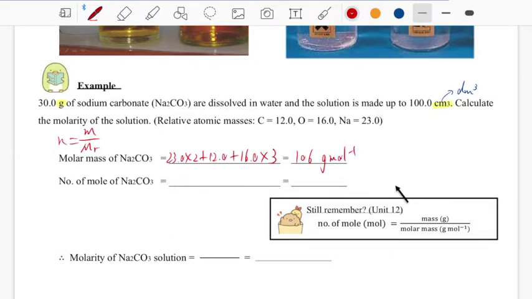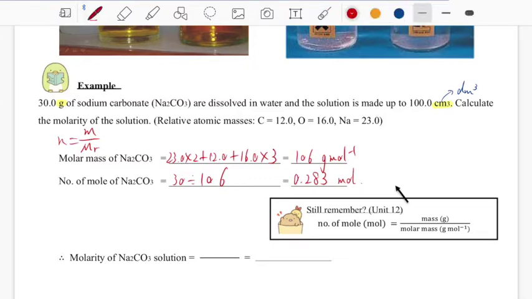So the mass divided by the molar mass will give us the number of mole. Remember, if it's not the final answer that we take, it's better to keep more decimal places, at least 3.